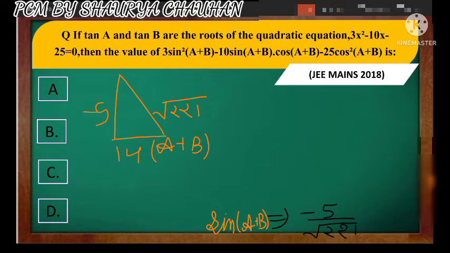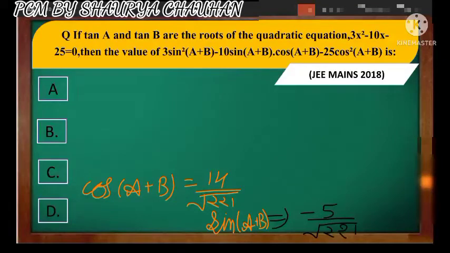Now we can find the value of cos(A+B), which will come out to be 14 by root over 221. Now let's take cos(A+B) as a and sin(A+B) as b.